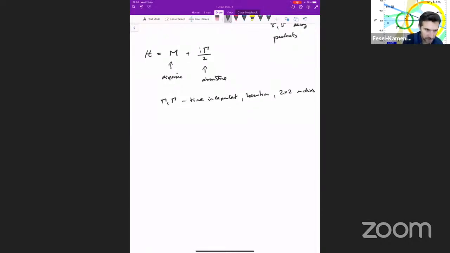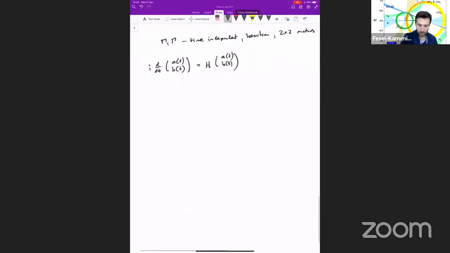So in terms of this effective Hamiltonian, I can write the time evolution of the coefficients A of t and B of t in terms of a two-column vector, as given by H acting on A of t, B of t. And we'll be interested in the eigenvectors of this Hamiltonian. So one can write the eigenvectors.